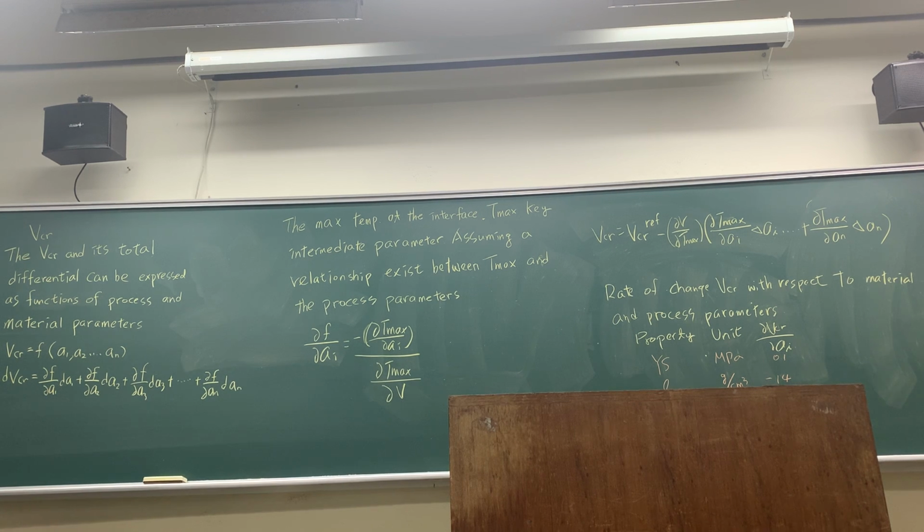So on the left-hand side, what this author has done is assume V critical can be a total differential that expresses the relationship between the process and material parameters. So V critical equals a function of A1, A2 through AN. A can be a material parameter or a process parameter. Okay, it's a function.